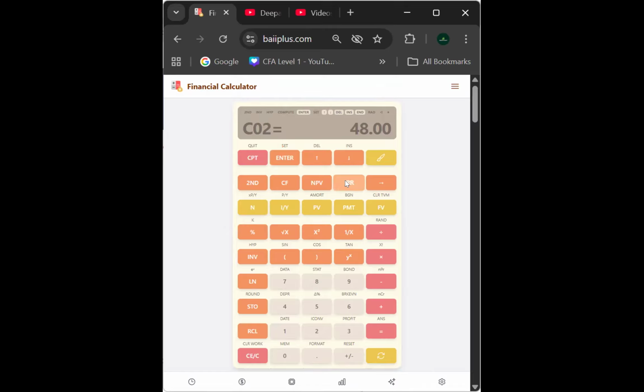Now we are going to press the internal rate of return key. We'll click on internal rate of return and command our calculator to compute the internal rate of return, and this will give us an internal rate of return of 9.39. I hope this is clear.